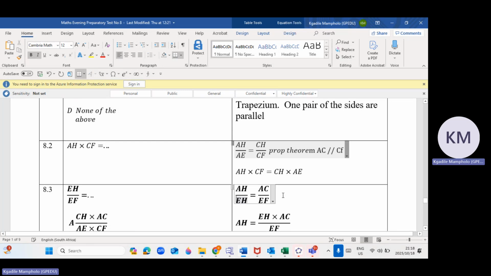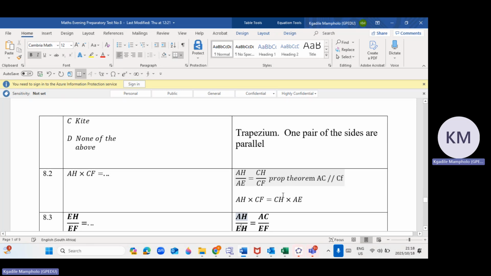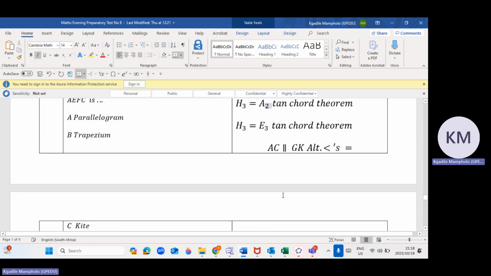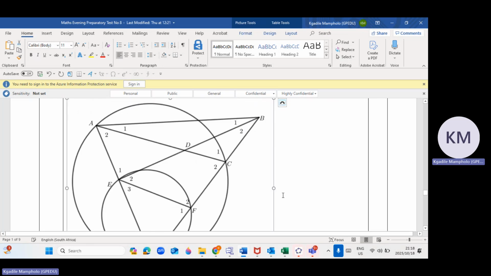But now, when you look into this one, we check the sides AC and EF. In this case, you first show that the lines are parallel. If one of the sides is parallel, you can't apply the proportion theorem, you will apply similarity.